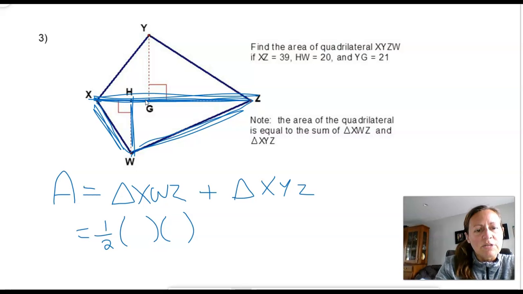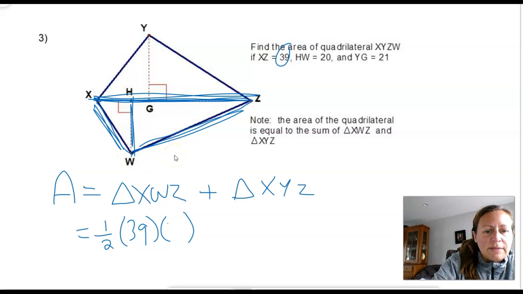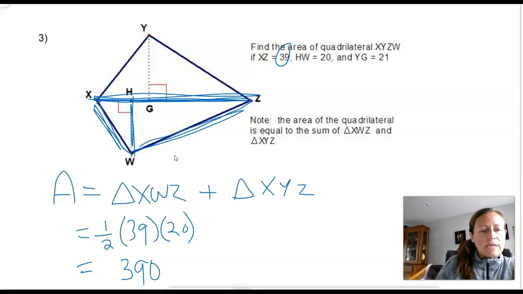So XZ is going to be considered the base, and that value is 39. The height is HW, that's 20. So 1/2 of 39 times 20 is 390. I just decided to do half of 20 in my head is 10 times 3.